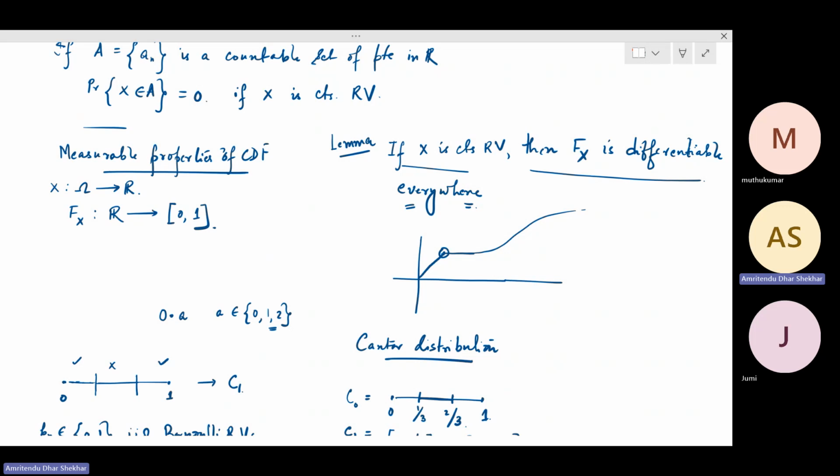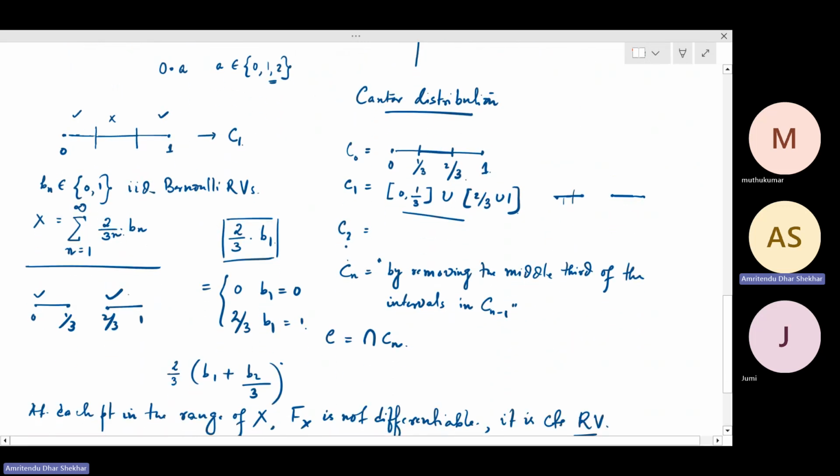When we say almost everywhere, what we mean is that it is not differentiable on a set which has zero measure with respect to the Lebesgue measure on R. At least in this counterexample, which is the Cantor distribution, the Cantor set itself is a set of measure zero. So in this case, it does satisfy the property that it is not differentiable on a set of measure zero.